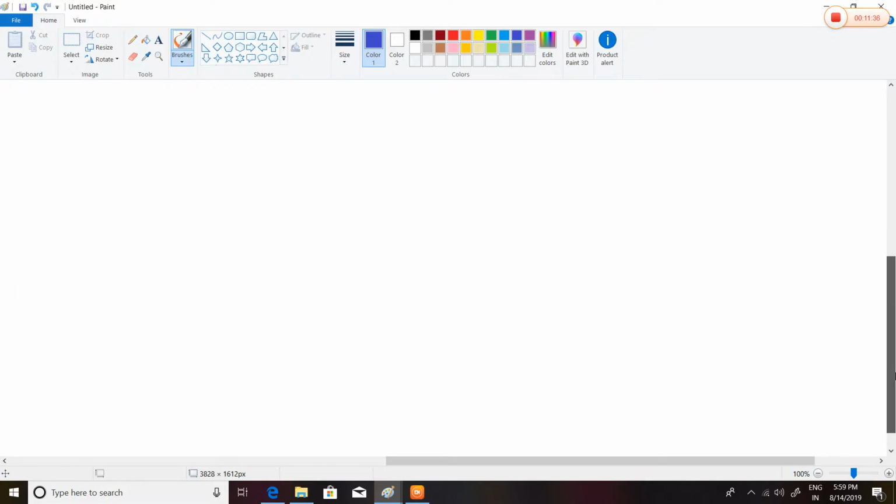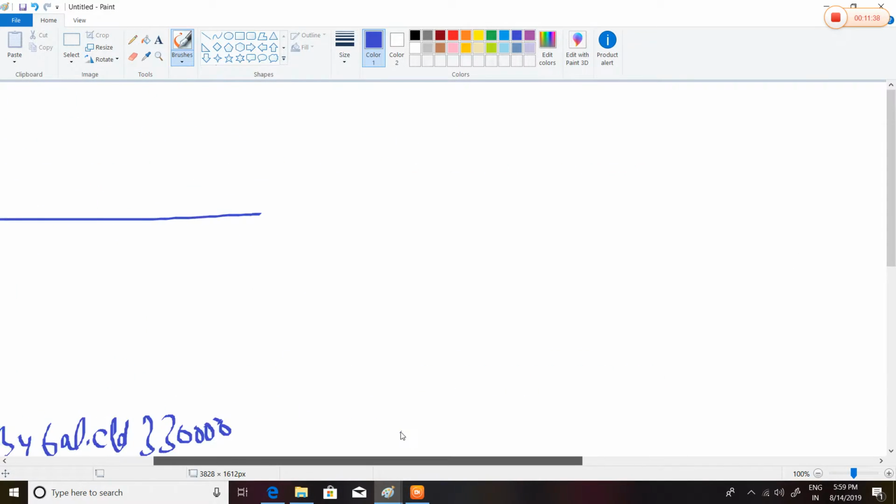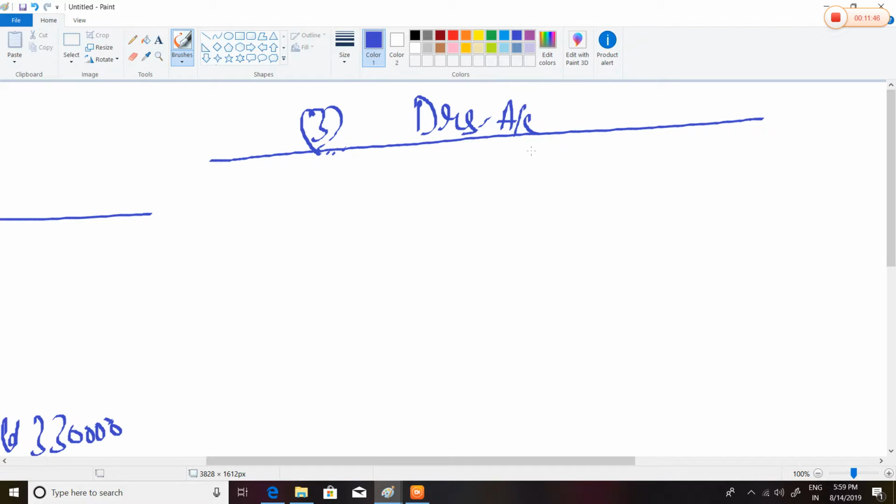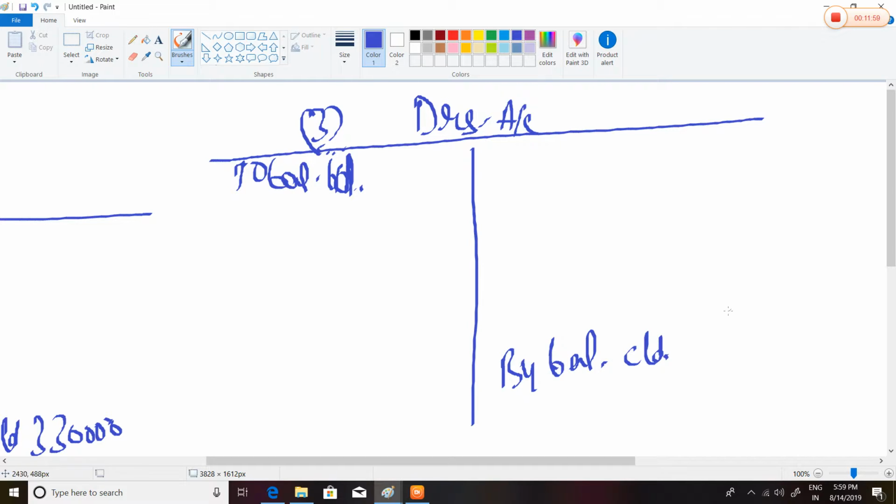Next working note is a very important working note, that is of debtors. To balance brought down. See, we have to compute this, and by balance carried down 2,25,000.